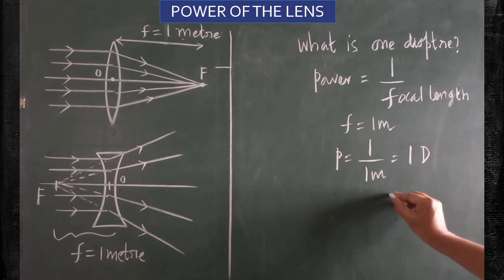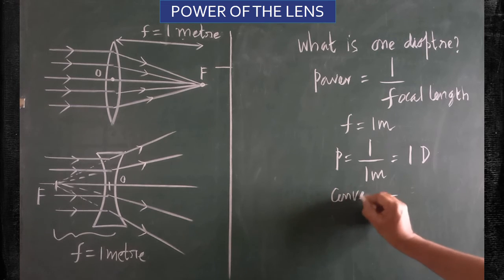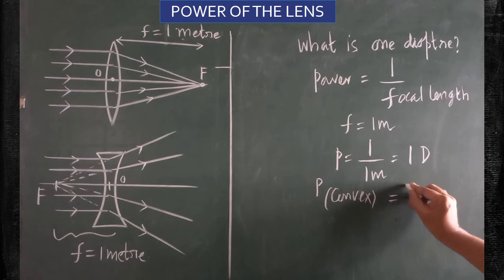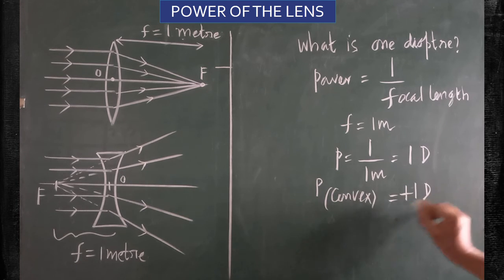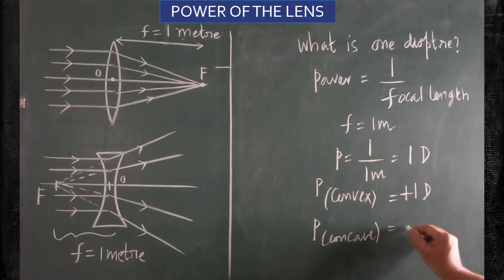In the case of a convex lens, the power will be plus 1 diopter. In the case of a concave lens, the power will be minus 1 diopter.